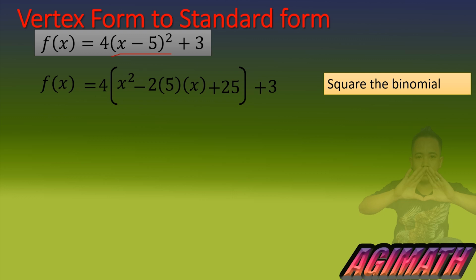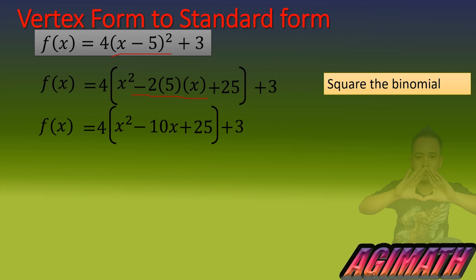After squaring the binomial, we need to simplify this part. So you are going to have f of x equals 4, just relax 4, and then x squared. And what is 2 times 5 times x? 2 times 5 is 10, 10 times x is 10x, and then the minus, negative 10x, plus 25. Just copy, and then just copy again, positive 3.